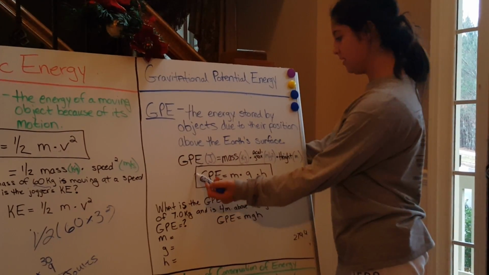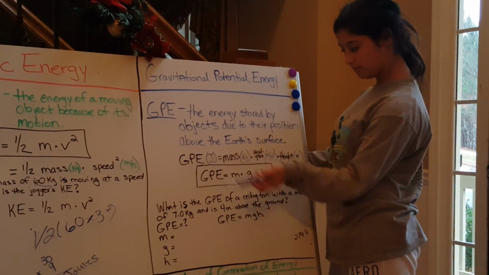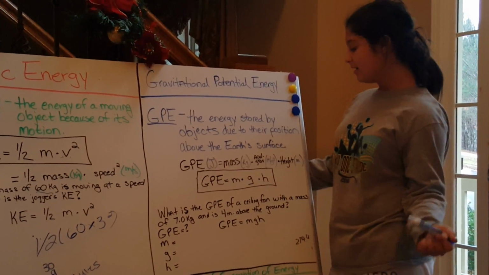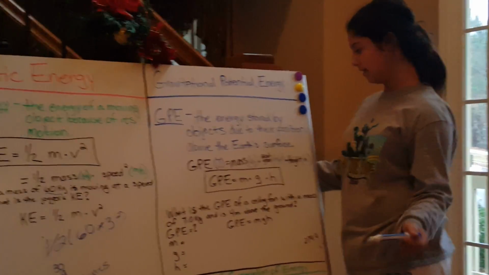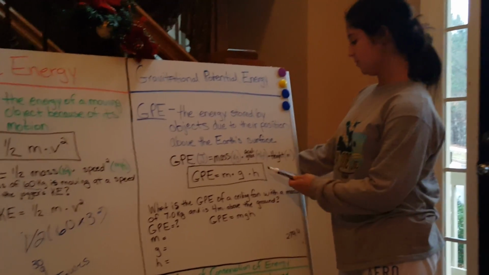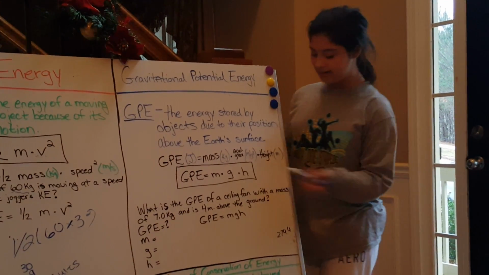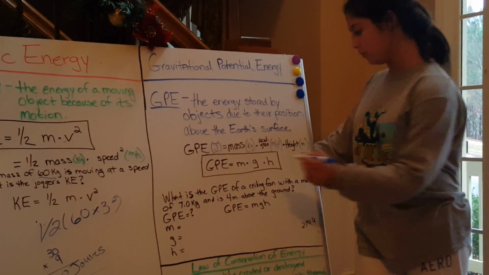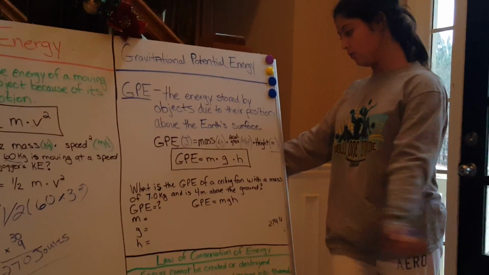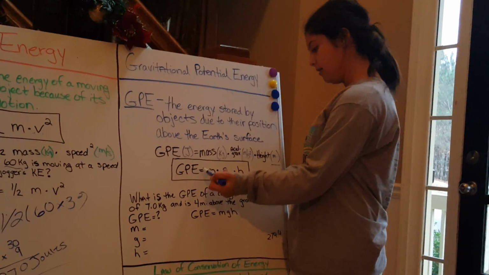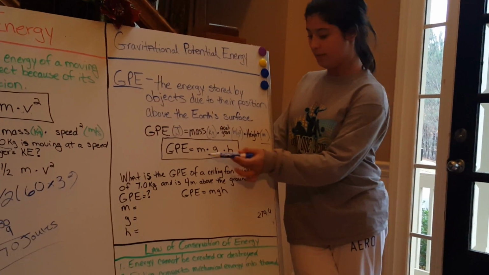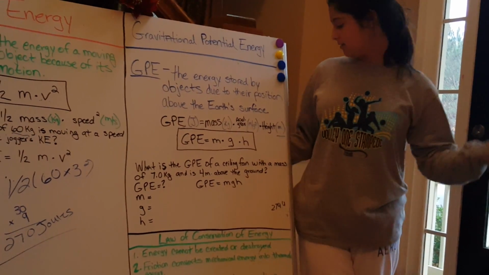Now, GPE is measured in joules, and that equals your mass, which is measured in kilograms, times your gravity, your acceleration of gravity, which is meters per second squared, and your height is measured in meters. So, when you write that out in your equation, it's GPE equals M times G times H. So you have your mass, your gravity, and your height.